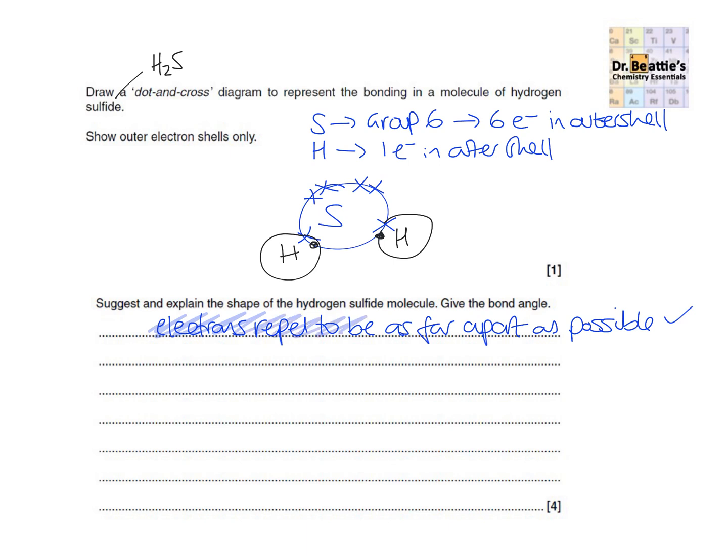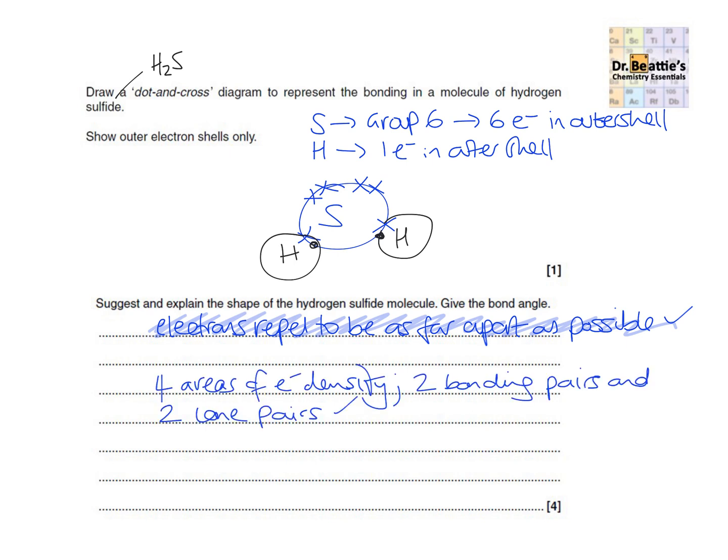So ensure that you remember this sentence and always include it when talking about shapes of molecules, because that's one of our 4 marks already hit. Now, the next mark is going to be to state that we have 4 areas of electron density. And then we're going to drill down into this and say that 2 of those areas are bonding areas and 2 of those areas are lone pairs. And that gives us our second mark.